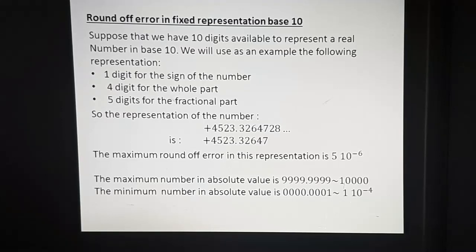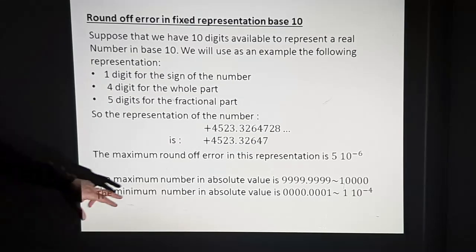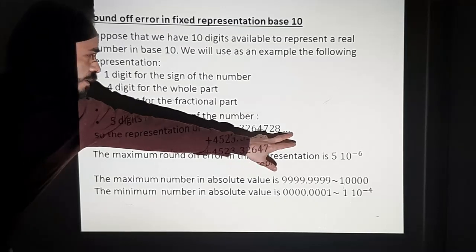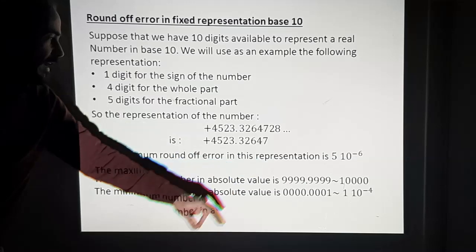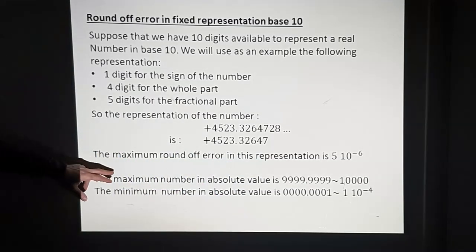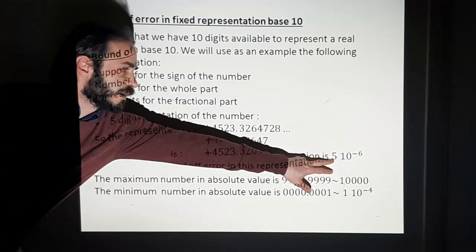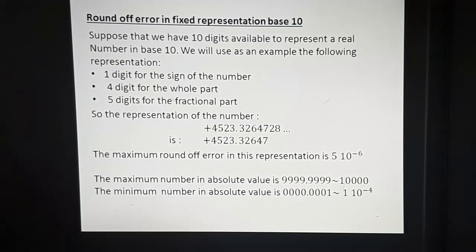Now, the maximum round-off error in this representation is when we have here 5, 0, 0, 0, 0. Then these digits will be rounded to either 7 or 8, and we will make a round-off error of 5 times 10 to the minus 6. So this is the maximum round-off error in this representation. As you can see, the round-off error is fixed.